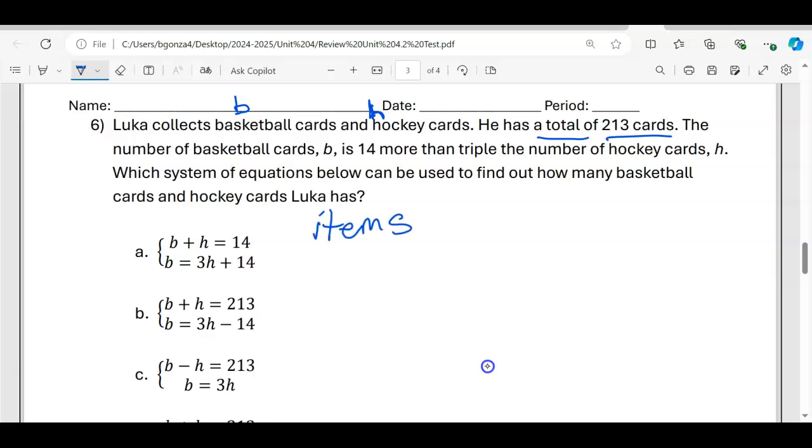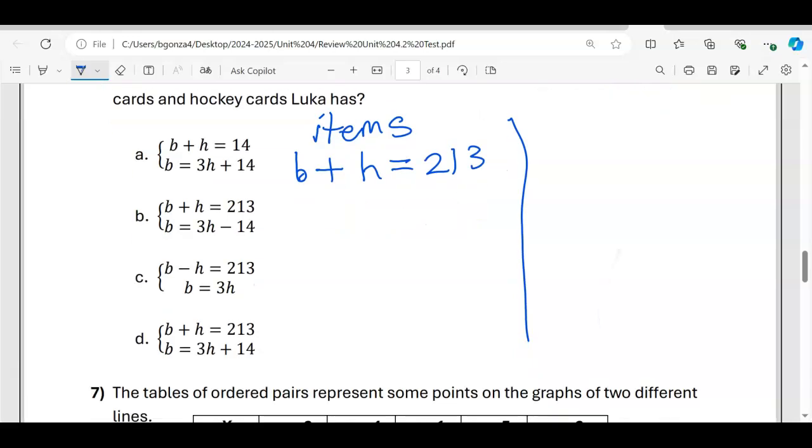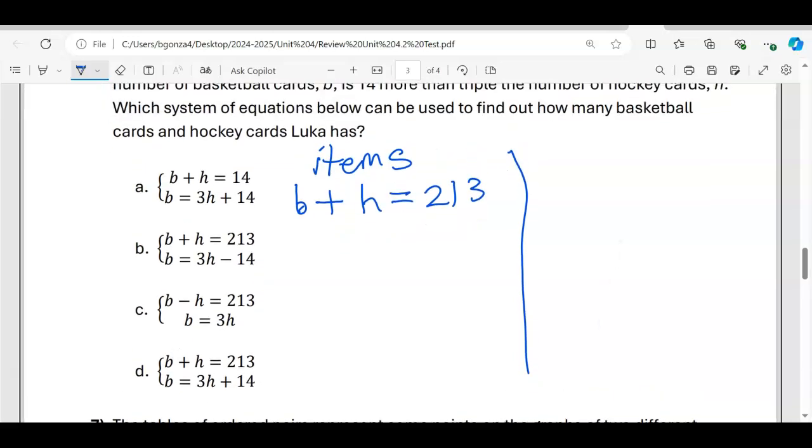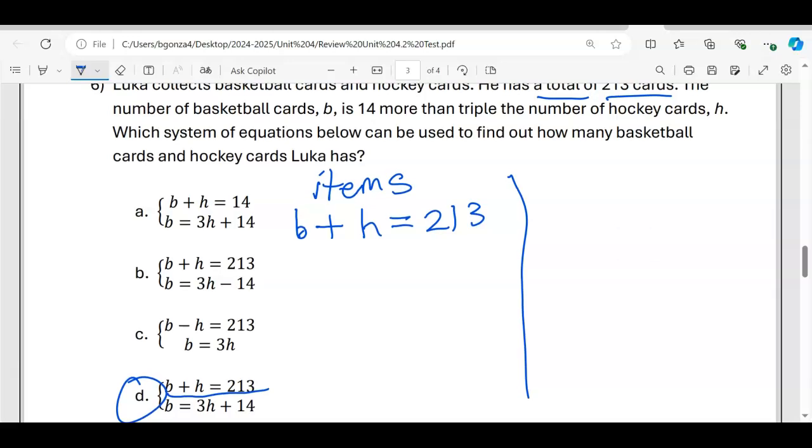So my items equation, B plus H, has to equal the total items 213. Cool. Already I can tell that it has to be D. That's the only one that has that equation, right?